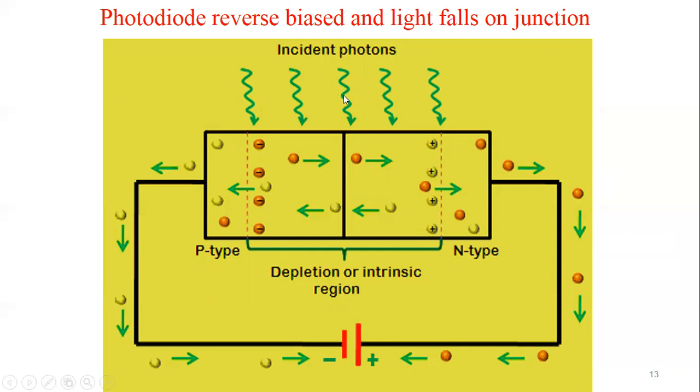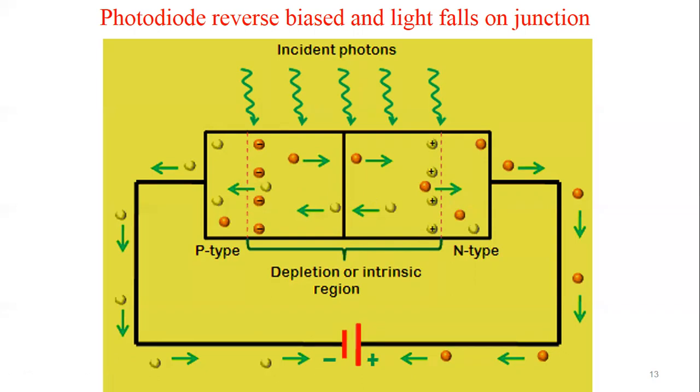After gaining that energy, electron and hole pairs are generated within this depletion layer. As more charges are generated because of the incident radiation within this depletion region, the conductivity of this region has increased.